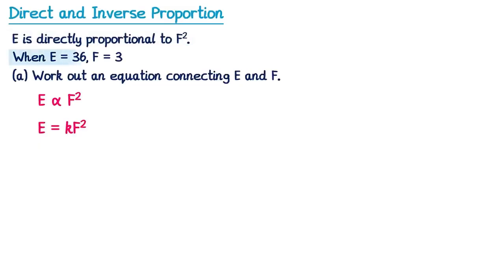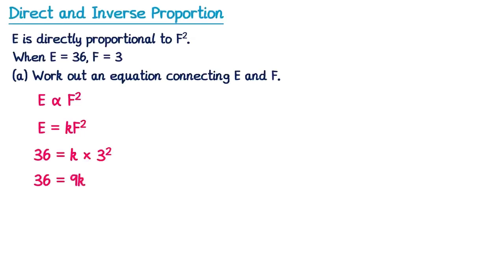We still substitute in these numbers, so let's replace E with 36, and then we have K multiplied by F squared. So rather than multiplying by 3 this time, we're going to multiply by 3 squared. So we have 36 is equal to K times 3 squared, and 3 squared is 9, so this is 9K.